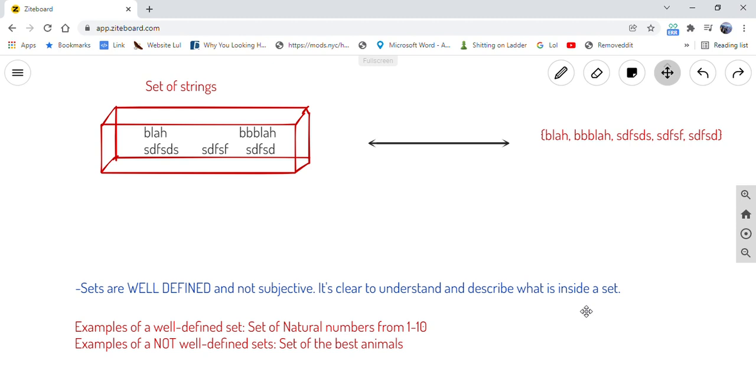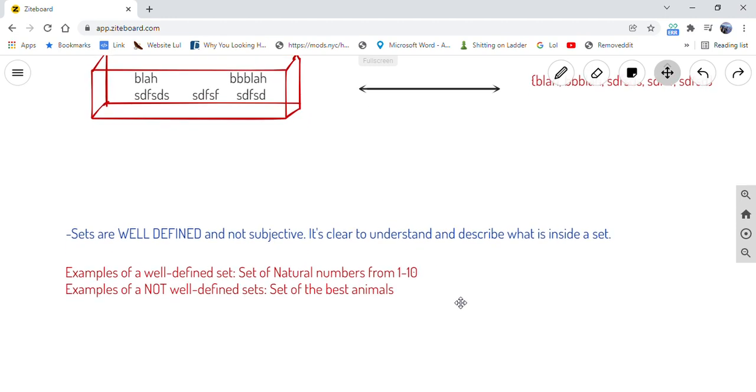The question of what is a best animal isn't well defined. It's subjective at its core. There's no definition for a best animal. So this is the notion of a well-defined set. It's a very important notion that is often left out when teaching the subject.